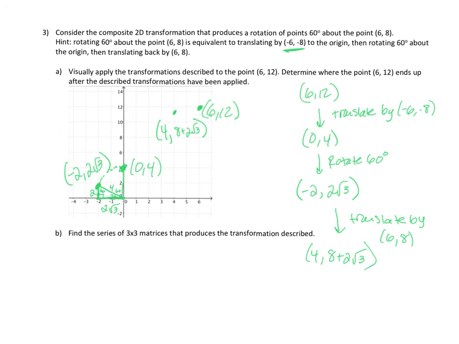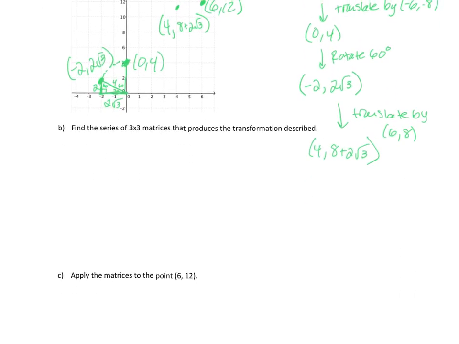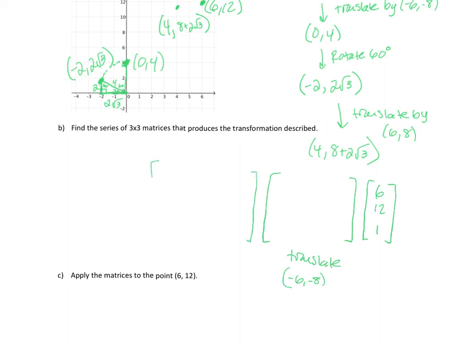So if we want to find the series of 3 by 3 matrices that produces this transformation, I'm going to start with my data matrix, 6, 12, and I'm going to write it with homogeneous coordinates. And then I'm going to have a translation. Then I'm going to rotate.